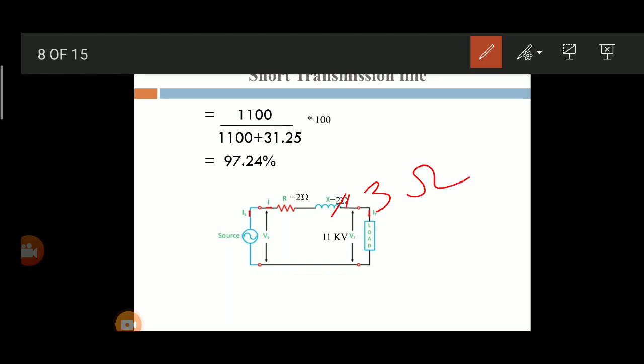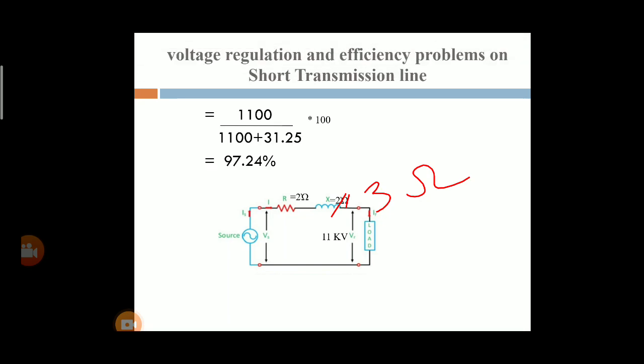We also calculate the load current, that is 125 amperes, using the power formula, power P equal to VI cos phi.